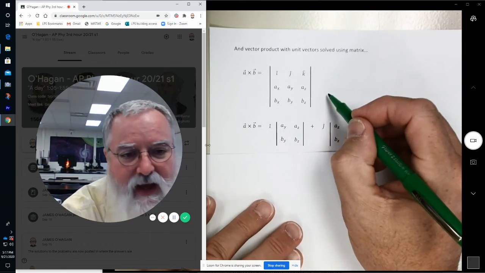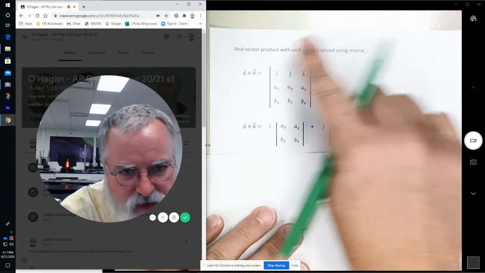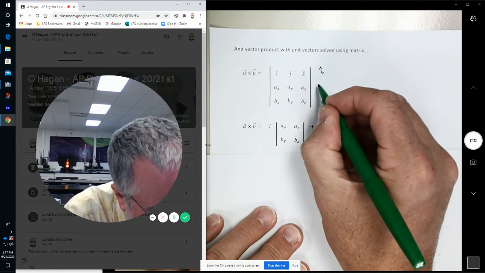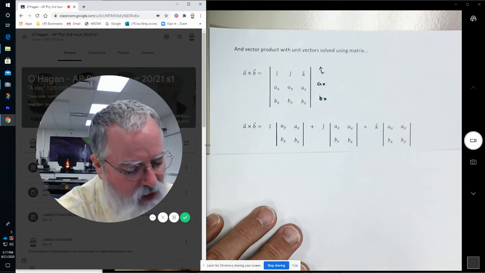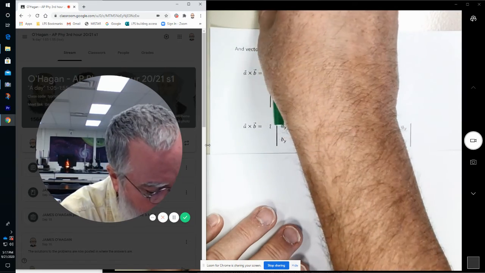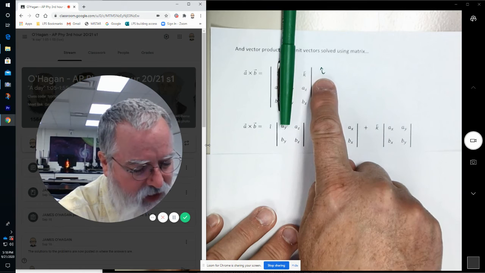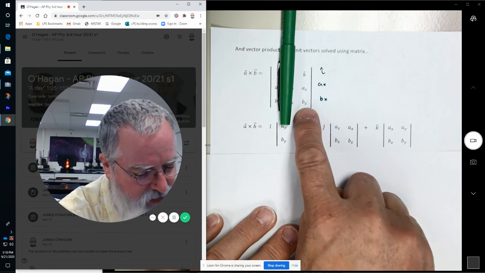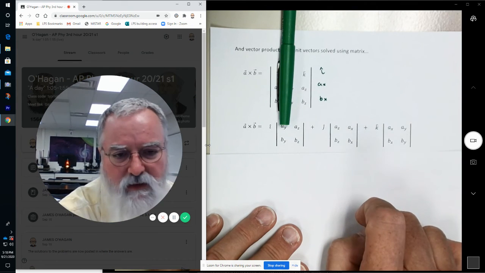There's a repetitive nature to the whole thing, so I'm going to say I AX, BX. Now when I cover up J, I can take the K and the I parts: AZ, BZ, AX, BX.